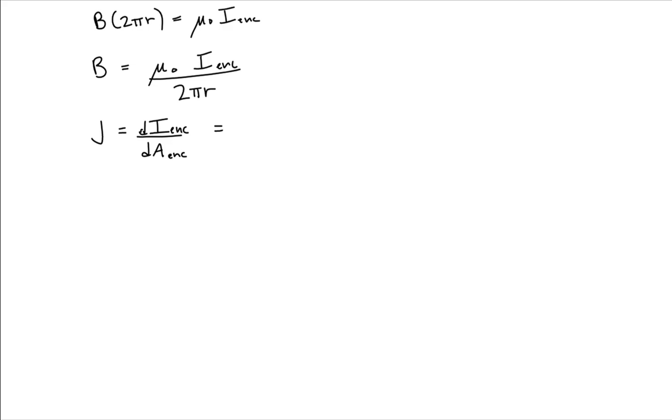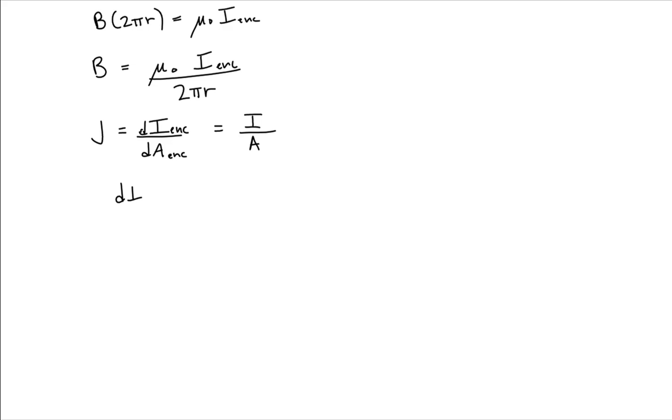And that current per unit area of our Amperian loop must be equal to the current in our entire wire over the cross-sectional area of our entire wire, because the current density is constant, meaning the current is uniform.